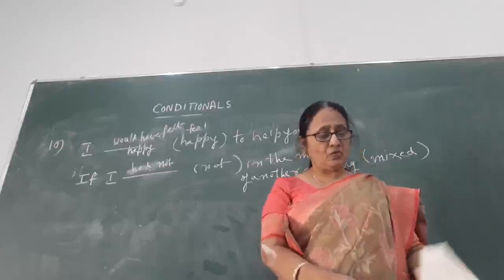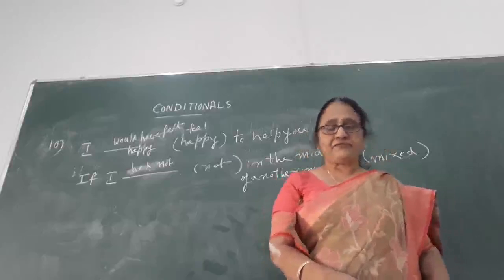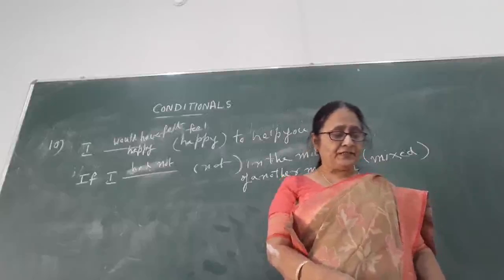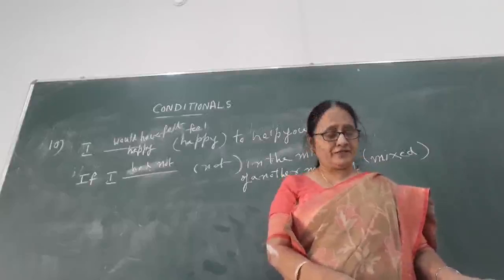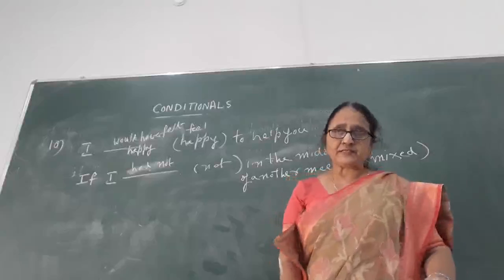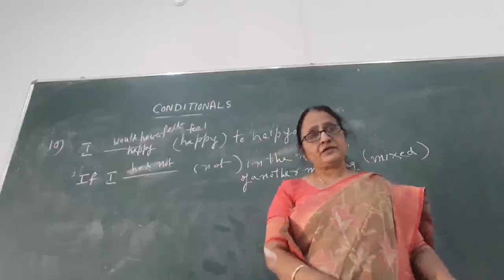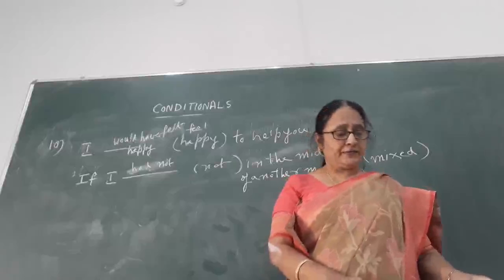The correct one is F: the door opens if you turn the knob. So this is the zero conditional. Opens is the simple present and turn the knob is also in present tense, so it comes under zero conditional.